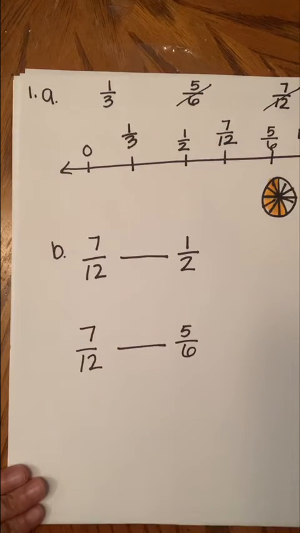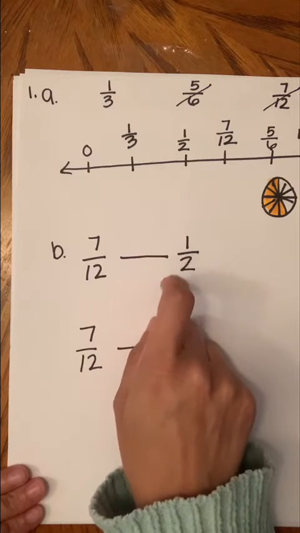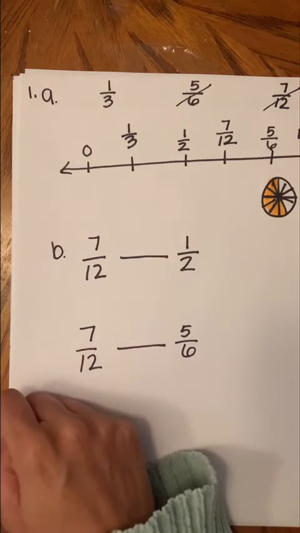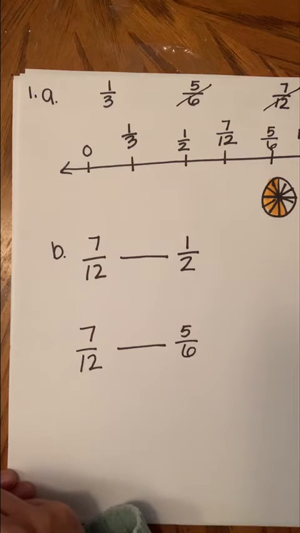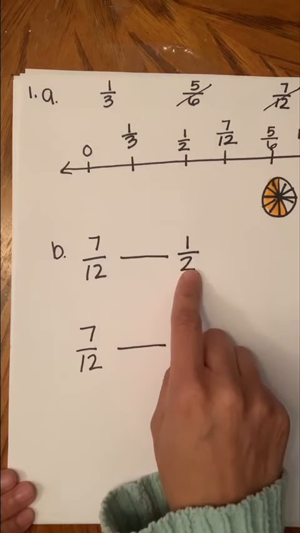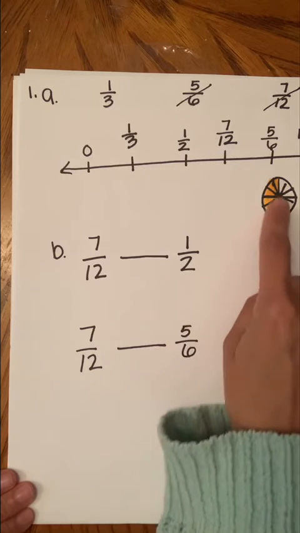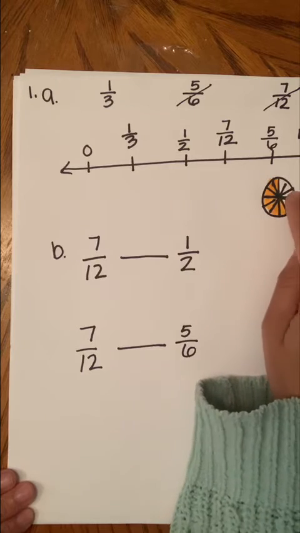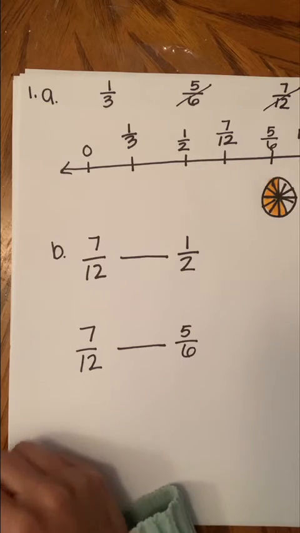7/12. Is it less than, greater than, or equal to half? Well, remember, I just gave you an example of the cookie. We know that half of the cookie is 6/12.